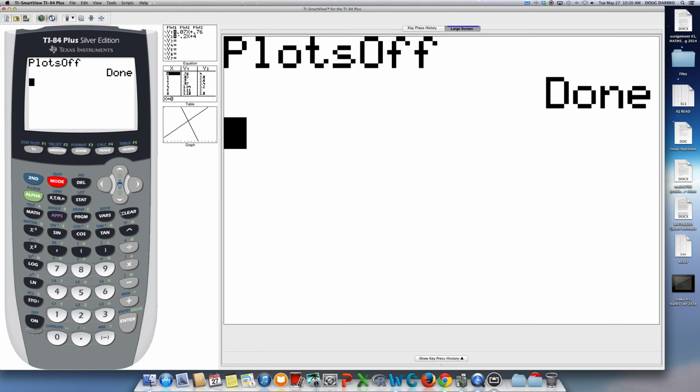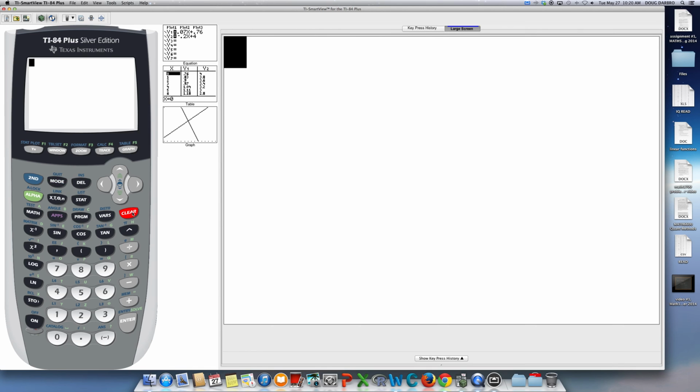Guys, I just like to clear everything out. This thing takes up a lot of memory. So what I would want to do here is go left parentheses, 6,500, divided by 15,000.